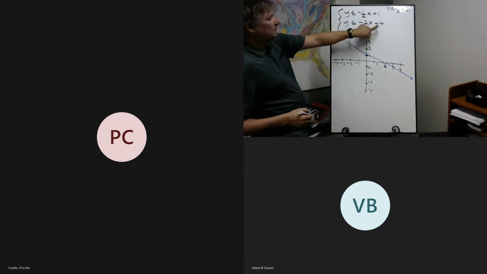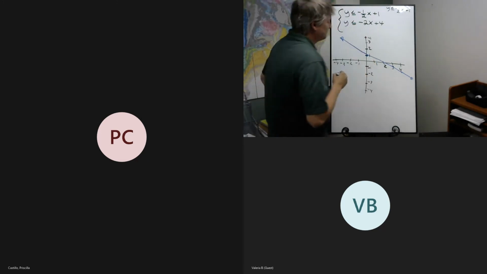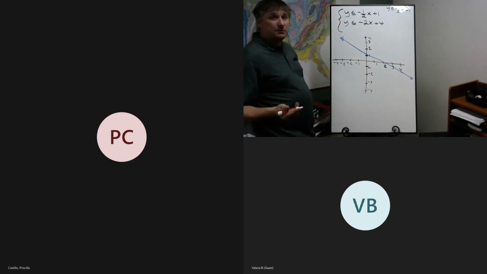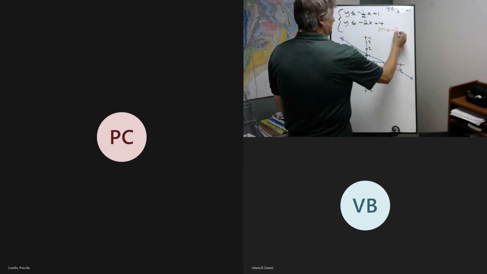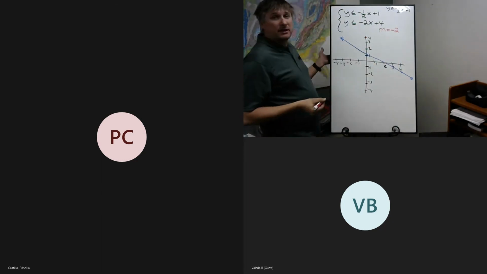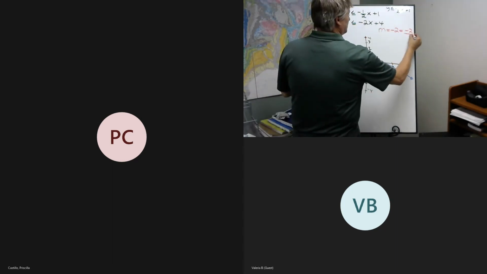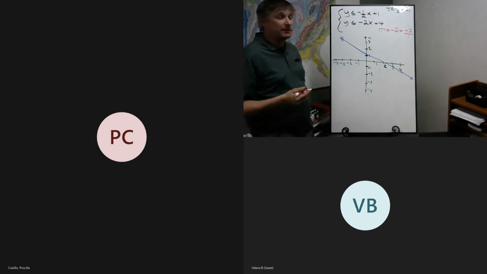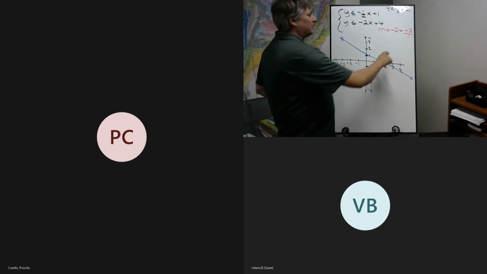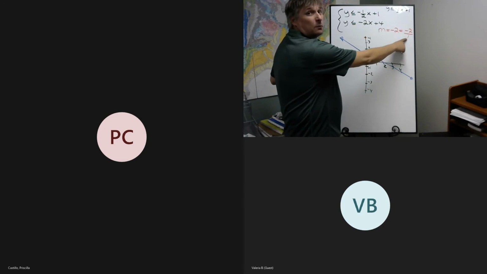Now for this one, our b is 4. So we'll start at 4. Now we look at our slope. It's minus 2. Better make that an improper fraction. Minus 2 over 1. Again, keeping that minus on that numerator. This means we'll fall 2 when we run 1.